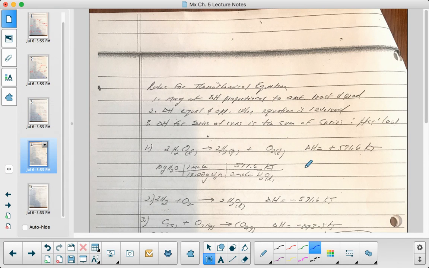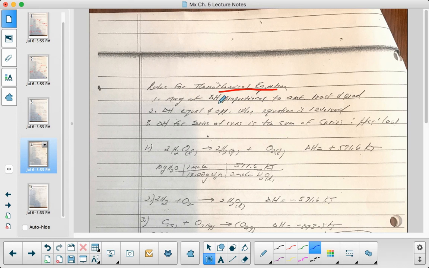So there are some important rules for thermochemical equations, and some of them are illustrated in a couple of the videos that I did that are also listed here in this folder. So these are the three main ones that are very important.